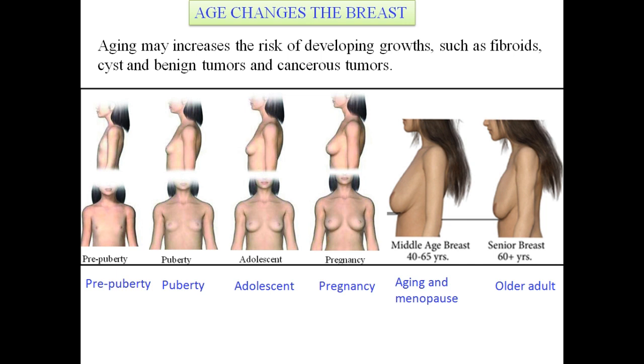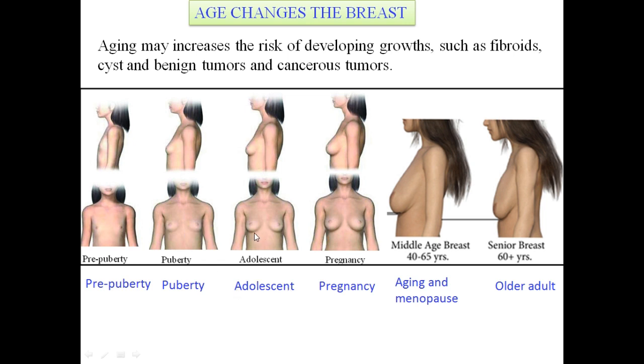Particularly in the pre-puberty stage, the lobes and lobules remain underdeveloped due to inadequate secretion of the estrogen hormone. In the puberty stage, it begins the secretion of the estrogen and progesterone hormones and leads to formation of the suspensory ligaments of Cooper.